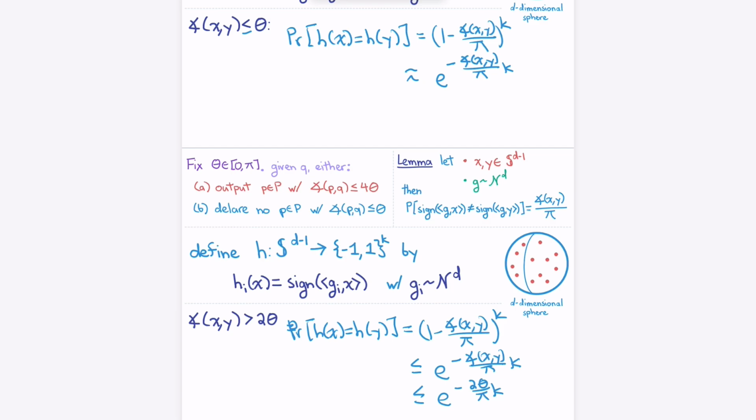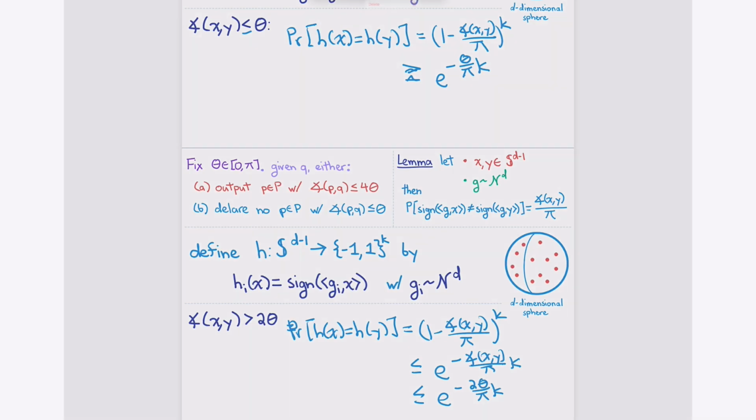Now we're at this question of how do I choose k? It is true that it's going down exponentially fast in k, which is not great, right? But let me plug in theta. This is greater than or equal to e to the negative theta over pi k, and that's less than or equal to e to the negative 2 theta over pi k.